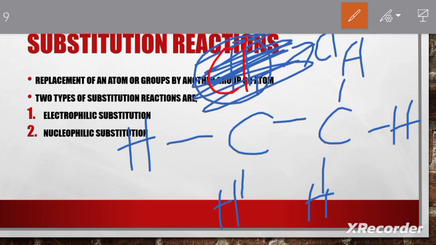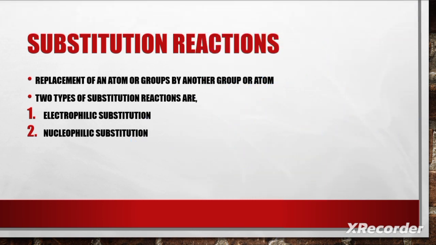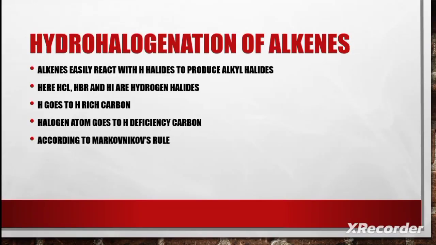This kind of reaction is known as a substitution reaction. We put another atom in place of an atom. There are two types of substitution reactions, electrophilic substitution and nucleophilic substitution. Now we are going to begin the reactions of alkenes. The first reaction of alkenes here is hydrohalogenation of alkenes.